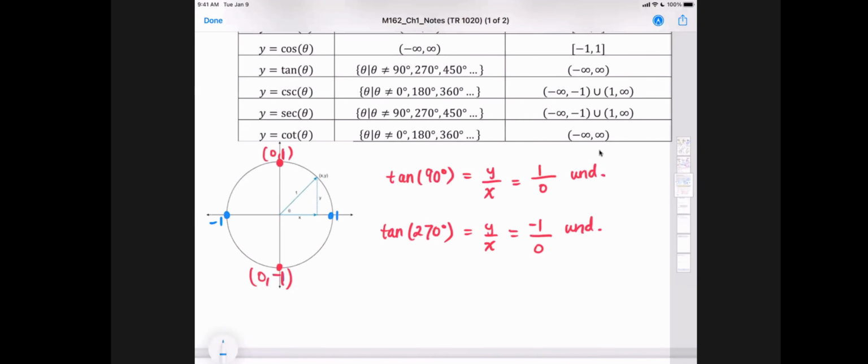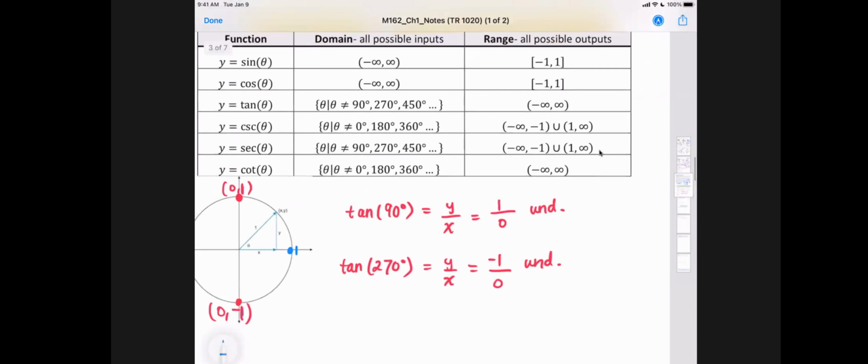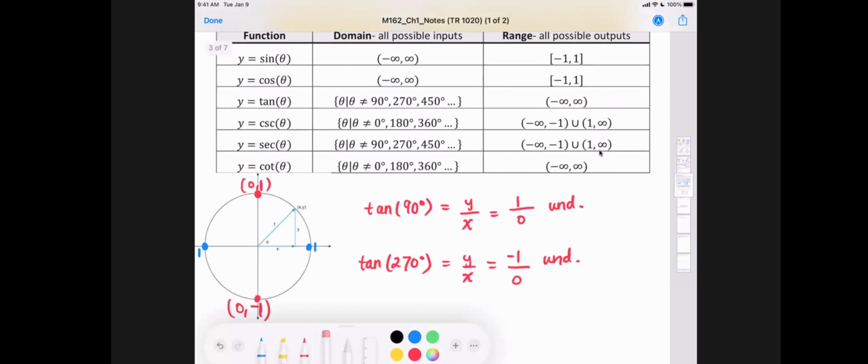All right, and then the ranges, if we just skim over the ranges for these other 4 trig functions, you can see that some of them are all real numbers. Like for tangent, the range is all real numbers. Those are all the possible outputs.